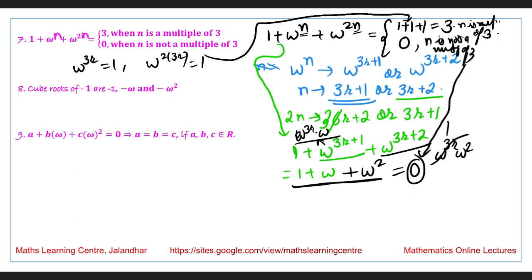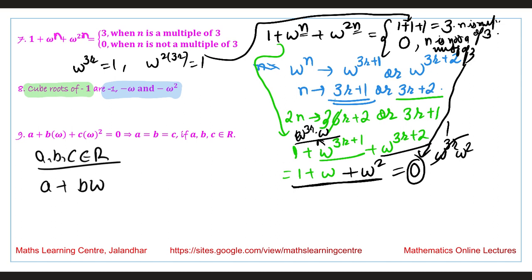The next result we have is that the cube roots of minus 1 are minus 1, minus omega and minus omega square. And the last result we are talking about is, if we have a, b, c, these three real numbers, and we have the equation a plus b omega plus c omega square equal to 0, then this is only possible if a is equal to b is equal to c.